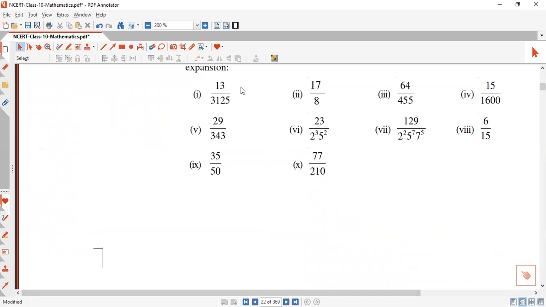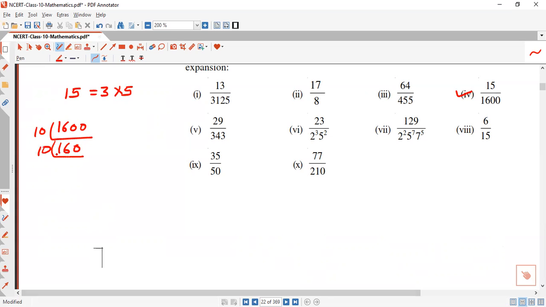Now, question number 4. You see 15 upon 1600. 15 can be written as 3 into 5, and 1600 can be written as follows. 1600 divided by 10 first, we get 160.